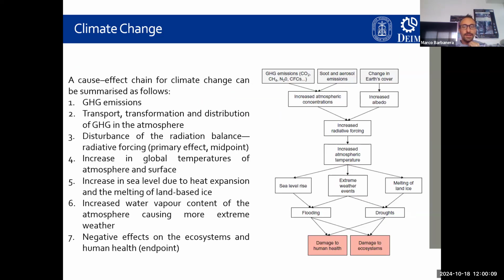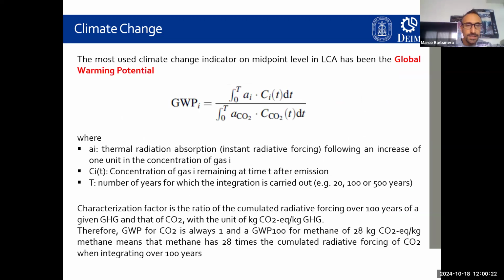Then we can define how the characterization factors are calculated for this category. In this case, first of all, the characterization factor for this impact category is called global warming potential.